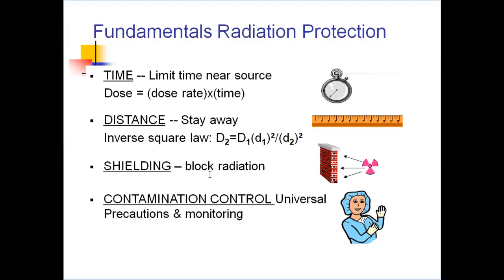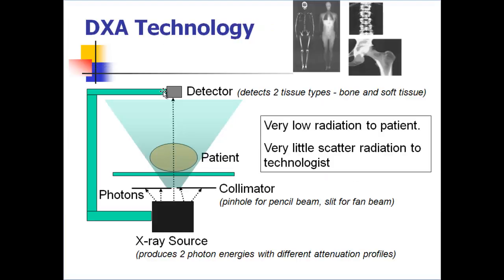Shielding is used within the DXA system in order to block radiation from going in directions that aren't required. Distance is maintained for safety by operators and by the general public. And then time is basically that, limiting your time in the exposed area.